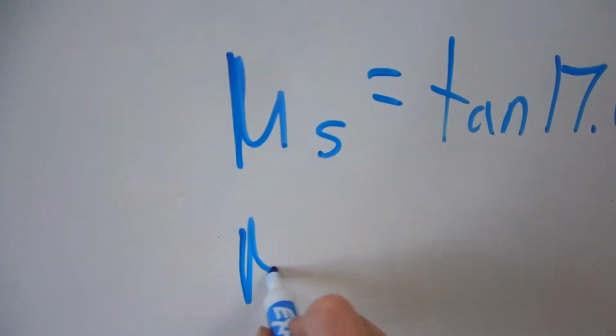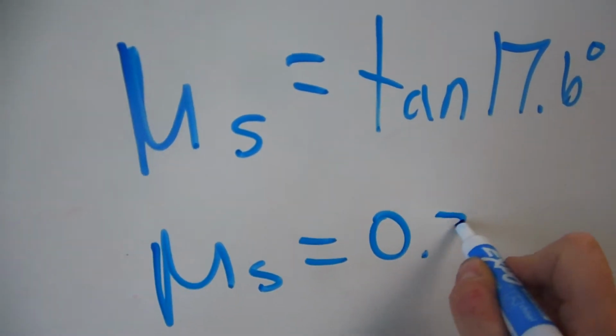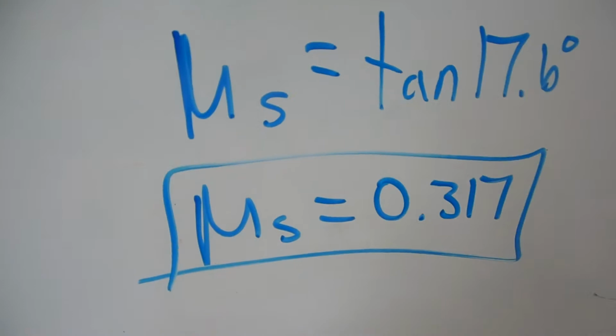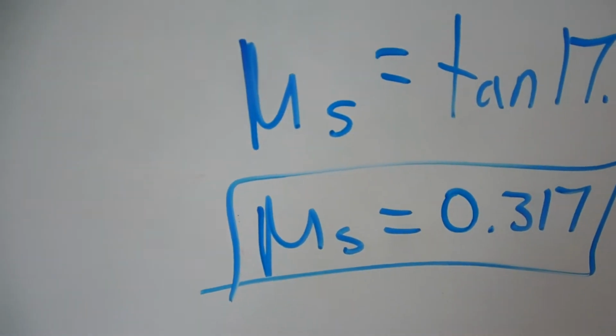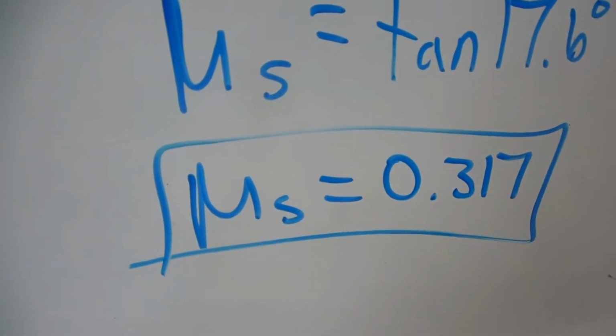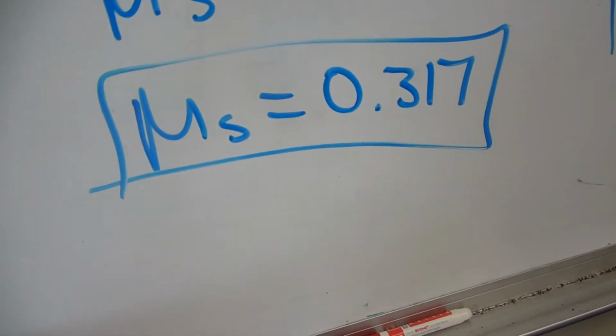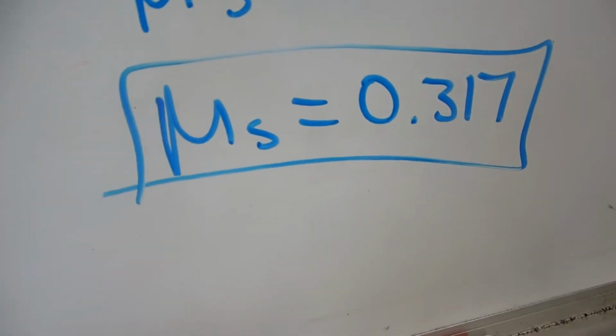And remember, coefficient of friction has no unit. So that's the coefficient of friction for that little package on our particular board. And remember, friction is different between any 2 different surfaces.